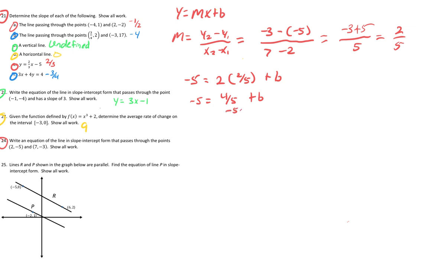We can subtract the 4/5 from both sides. So we get -5 minus 4/5 is equal to b. We could plug this into our calculator, but we can also find a fraction at this point.